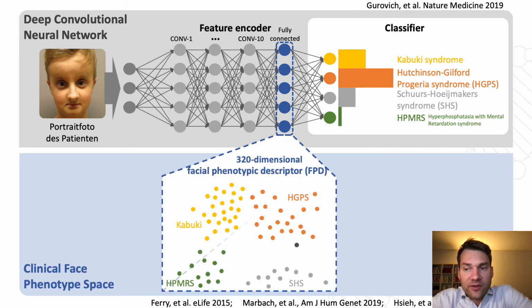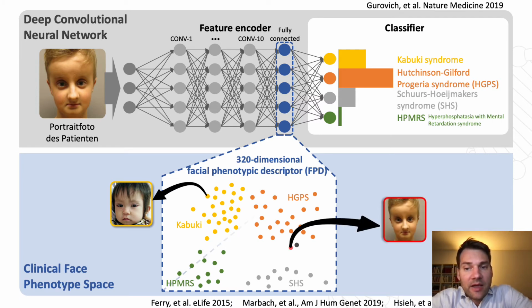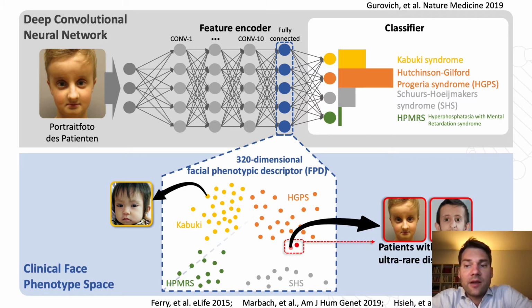This is a facial phenotypic descriptor, or also a coordinate which defines a position in a clinical face phenotype space. Any point in this CFPS is an image, and the distance between cases is a measure for the similarity. Remember, the similarity that we are interested in is syndromic similarity, not family or ethnic similarity.